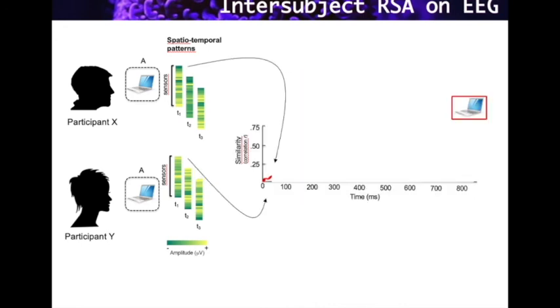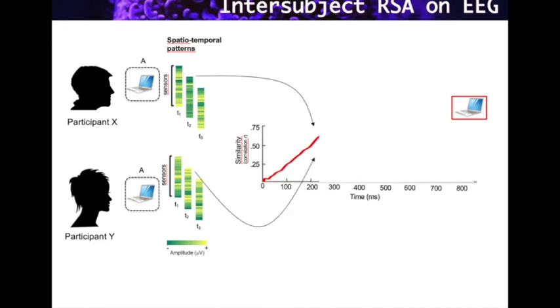And then the results of this analysis can be plotted over time, as we did before, for several times, so that it gives us a temporally evolving index of how the two participants share some neural representations for a given input, in that case, a computer.